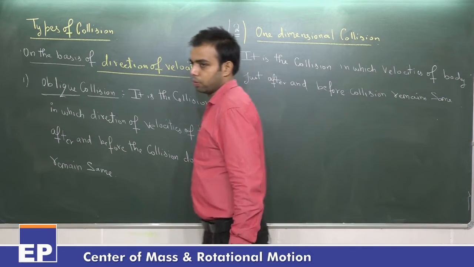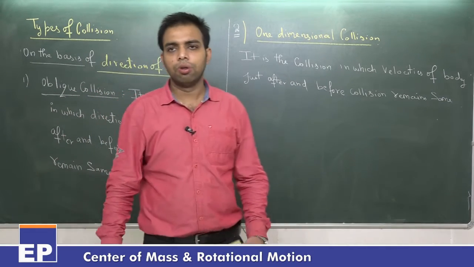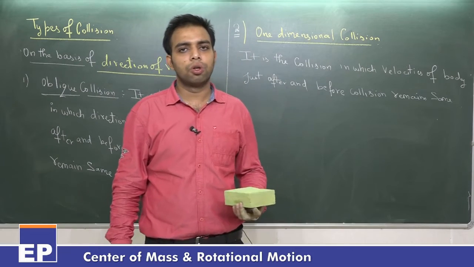Direction remains same. So this type of collision is called what? One dimensional collision or 1D collision. So there are two types of collision on the basis of direction of velocities.